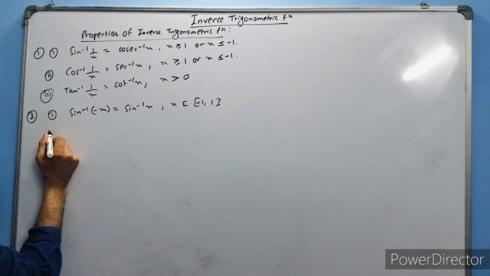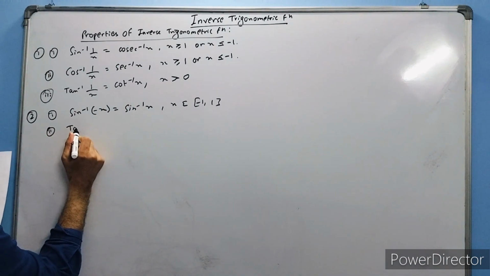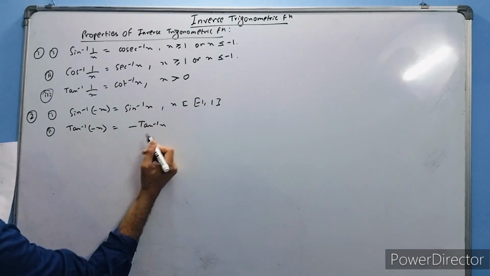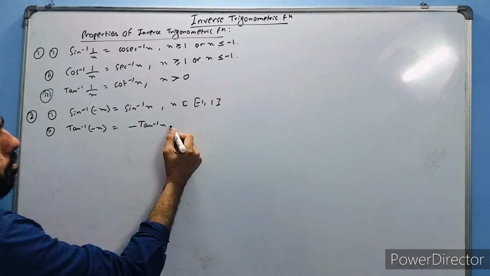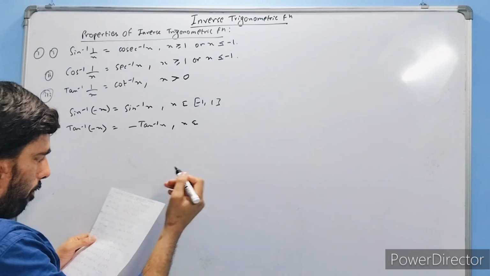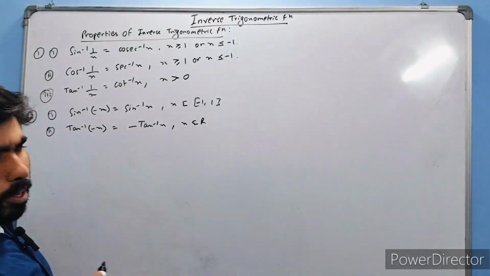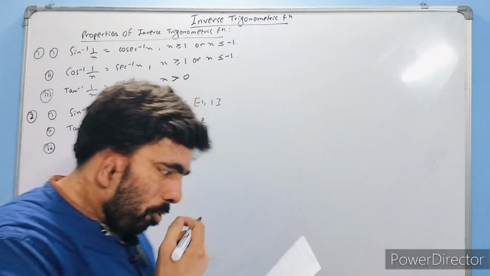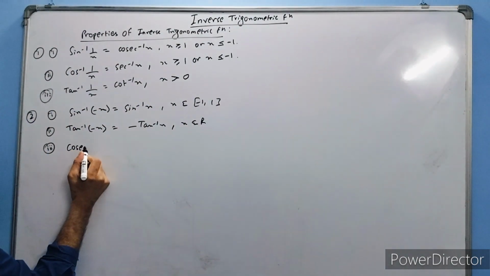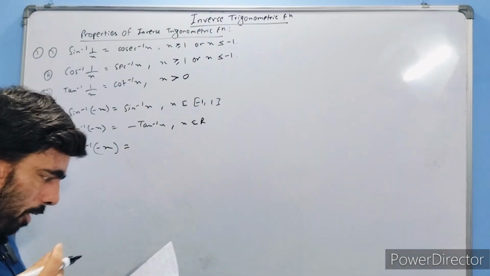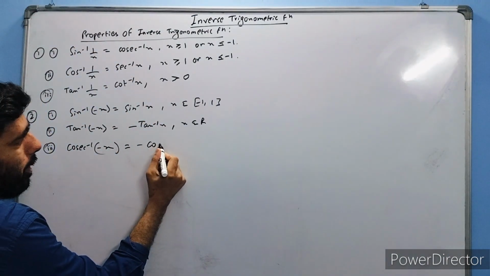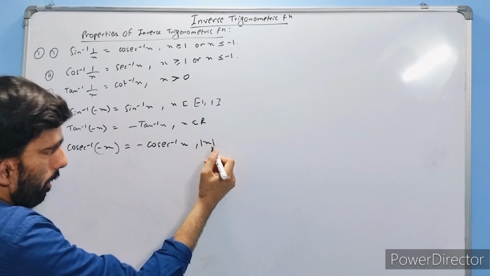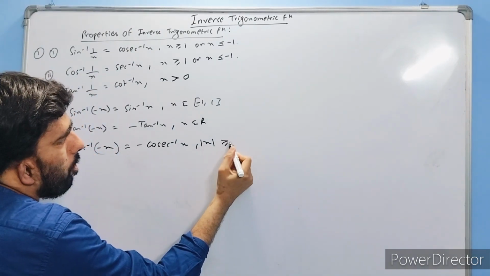The second part is tan inverse minus x is equal to minus tan inverse x, where x belongs to R, where R is the set of real numbers. Now the third is cosec inverse minus x is equal to minus cosec inverse x, where x is greater than or equal to 1.